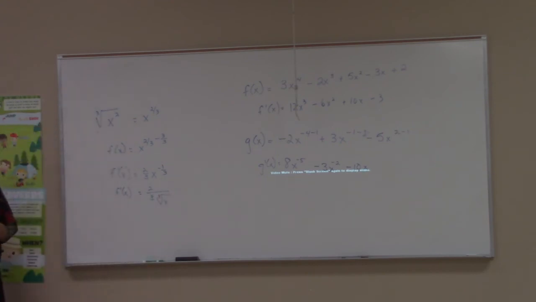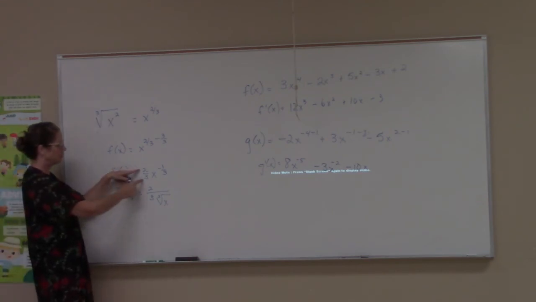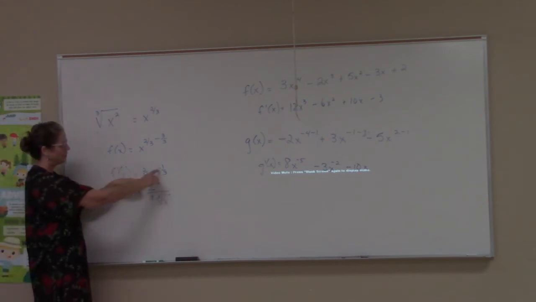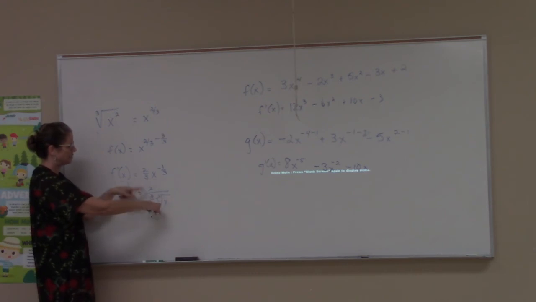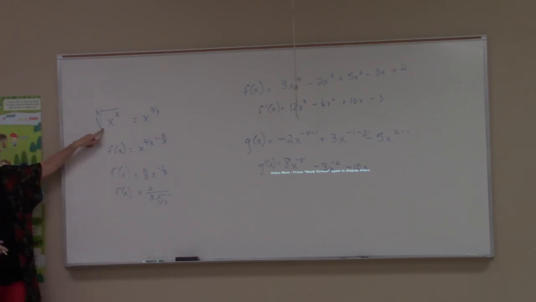That's what it would look like. Okay, 2/3, right? 2 is the numerator, 3 is the denominator. This negative says that has to be pushed to the bottom, right? This 1/3 is the same as cube root of x, just like this is the same as cube root of x squared. Okay, it's the same thing, right?